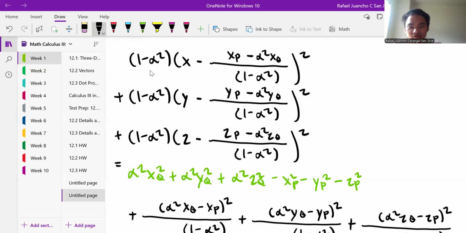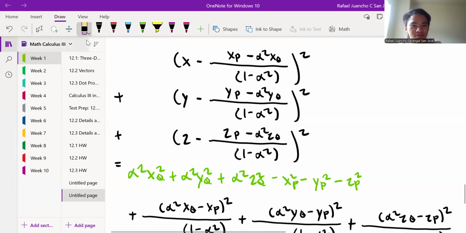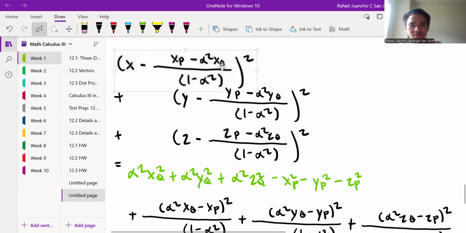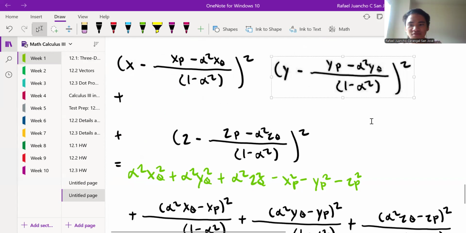Now, what's left to do here is to factor these. 1 minus alpha squared, right? So this 1 minus alpha squared, I'm just going to divide it to the other side. So actually, can we do this? Maybe, I'm not sure. We're gonna try making it look nice. Okay, we add a plus there, we add a plus there.